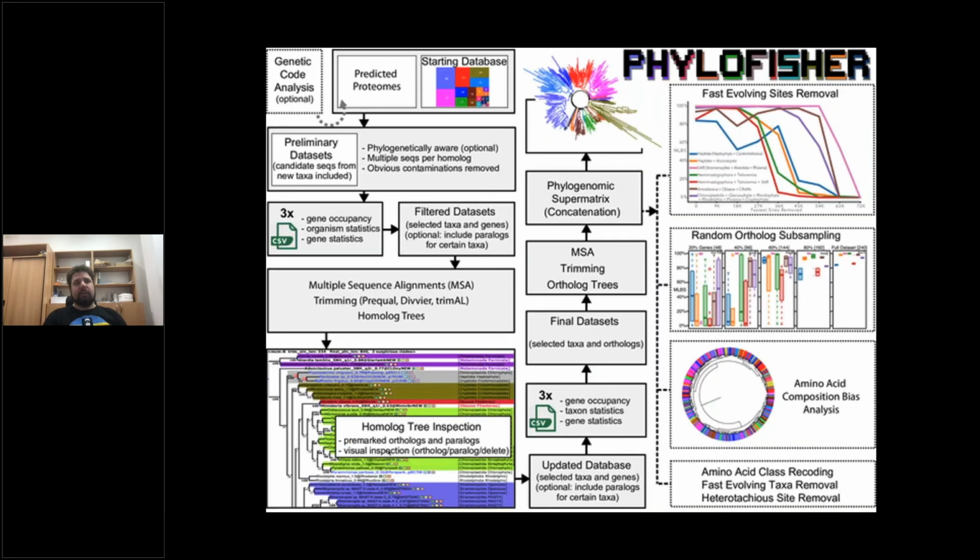And here is a little scheme of how it's done. It has a little tool, I believe, for looking for alternative genetic codes, which is optional. And then it takes per-eukaryote proteomes, builds a starting database, and searches for the genes of interest using HMMER or BLAST, etc. It computes some basic statistics about the data sets.